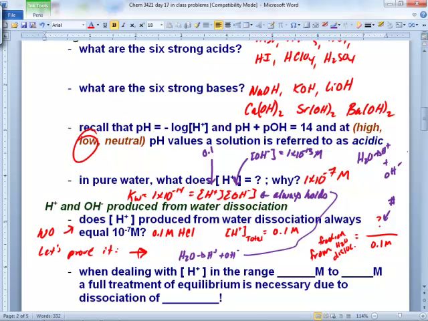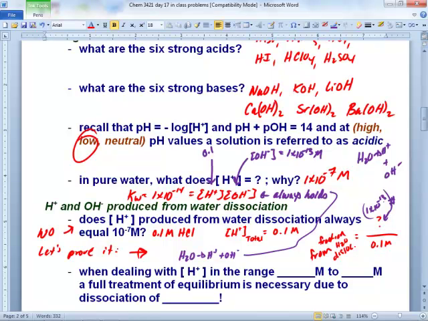So H plus from water dissociation, not the total, is 1 times 10 to the negative 13. Divide it by 0.1. You get some really dinky numbers, hardly anything. 1 times 10 to the negative 12. Multiply it times 100 to get percent. That's 1 times 10 to the negative 10 percent is the fraction due to water falling apart.